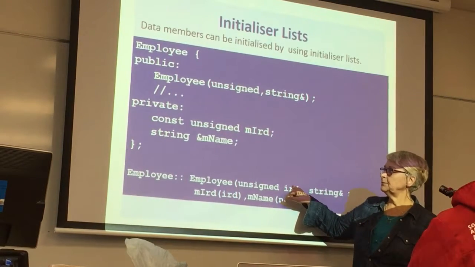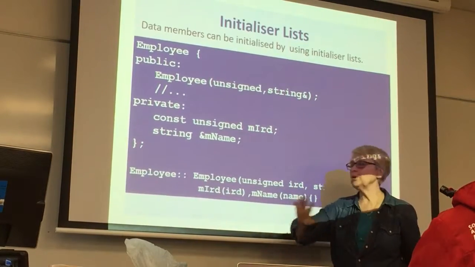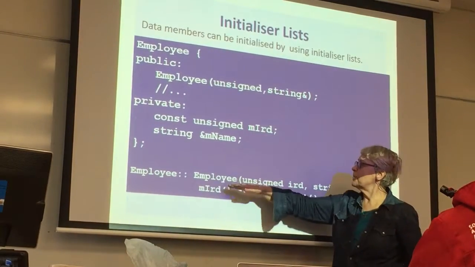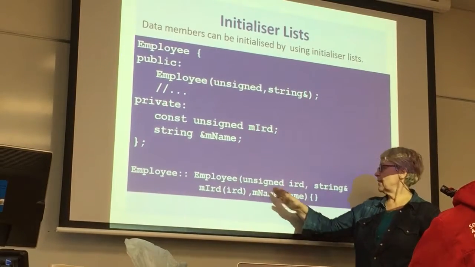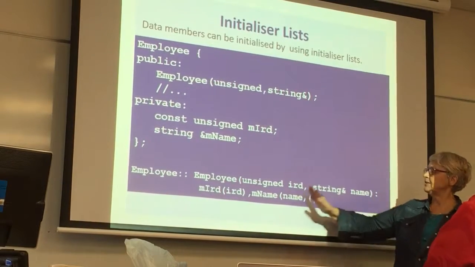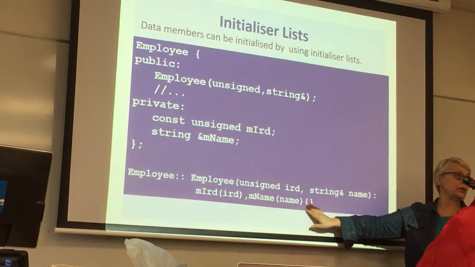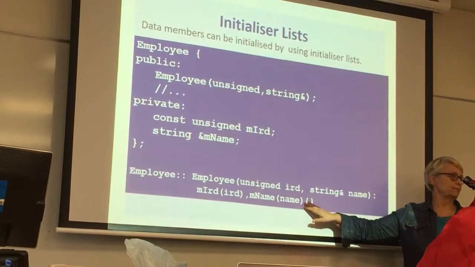Apparently with C++14 you can put curly brackets here, but we will use these. So the data member is initialized from this value. The second data member is initialized from the next value. And sometimes you might have code here, or in this case we don't have anything.